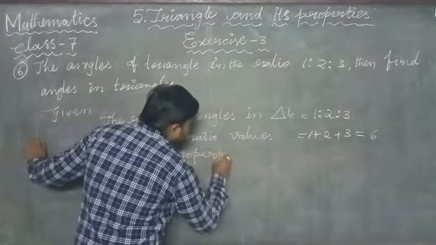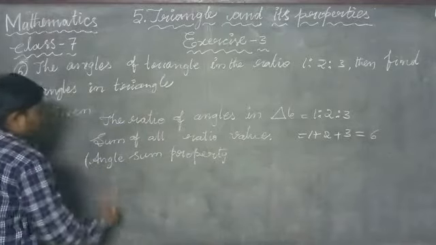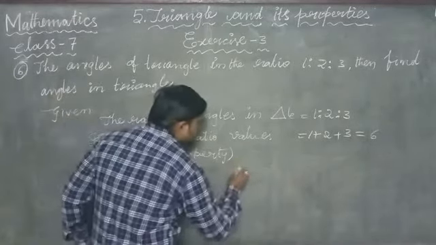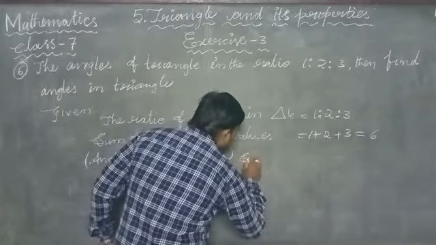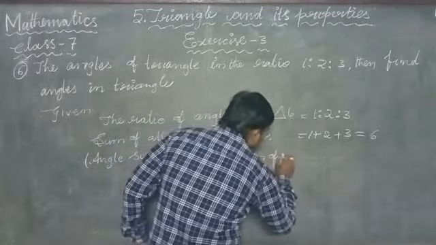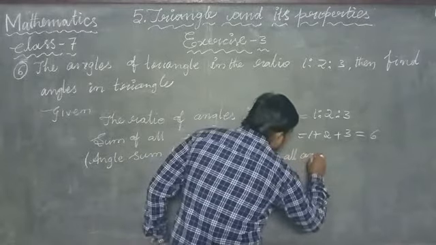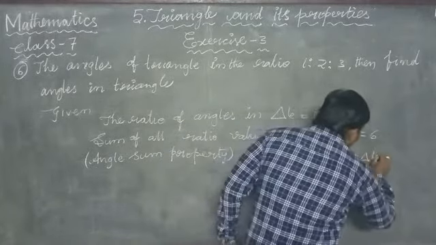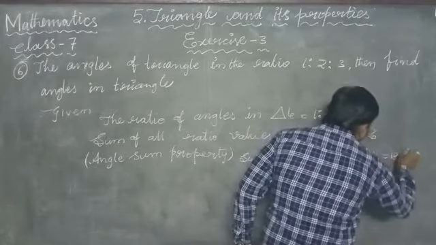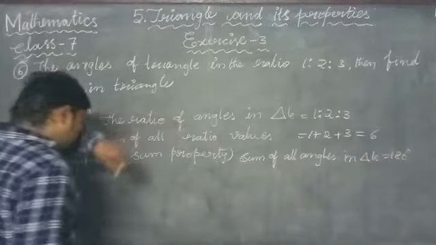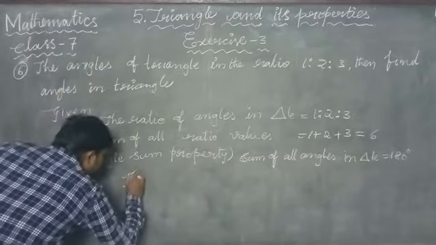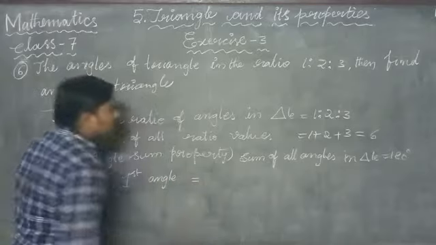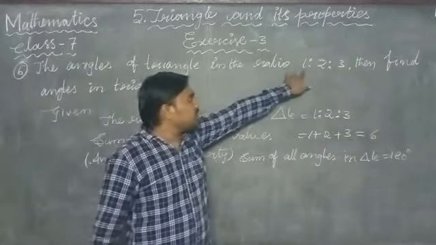Now according to the angle sum property, the sum of all angles in a triangle equals 180 degrees. Then the first angle: what is the ratio representing the first angle?